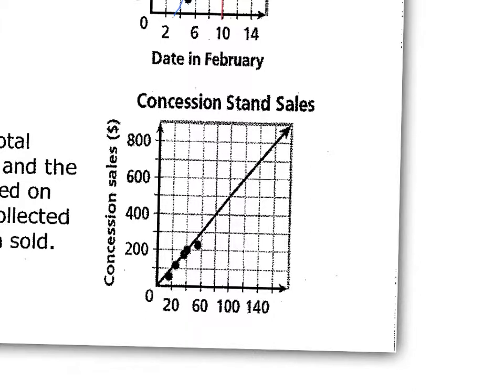Now, 150 is kind of right in the middle here, because each tick goes up by 20. So if we go up and hit our graph here, and then head over to your y-axis like we have been doing, you'll see that since these go up by 100, here's 700. So you would be at $750.